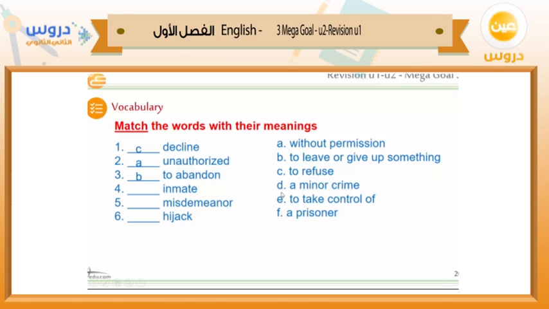Inmate is F. A prisoner. Misdemeanor, number 5. The answer is D. Minor crime. Number 6, hijack. E. We still have E, which is to take control of.